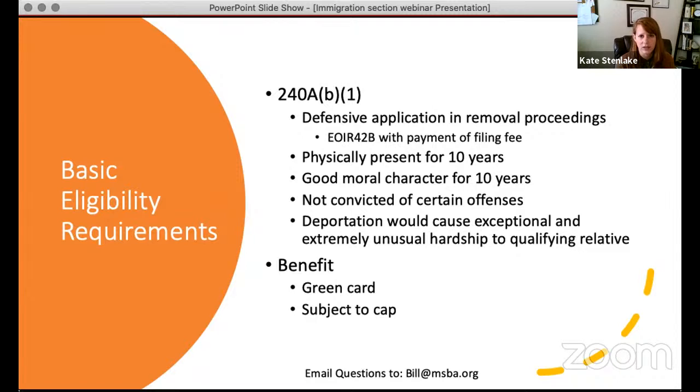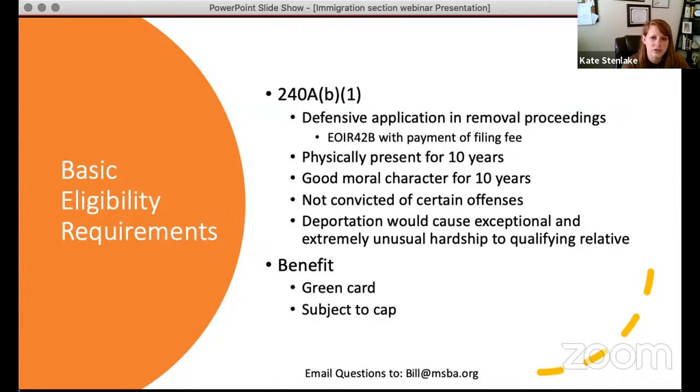Technically, best practice would be to file the EOIR-42B with the receipt of the filing fee with the court. Some judges will let you file the EOIR-42B without the filing fee, but they can reject it without it. So you will need to file the form with the filing fee with the court.